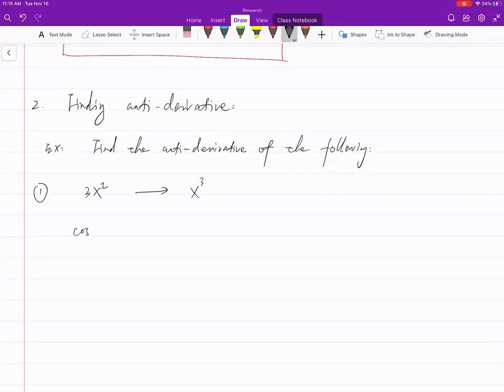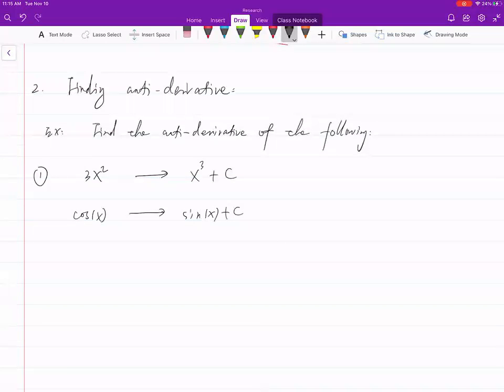What's the antiderivative of cosine x? Sin x plus c. What's the antiderivative of 1 over 1 plus x squared?